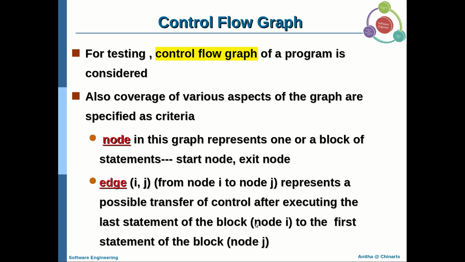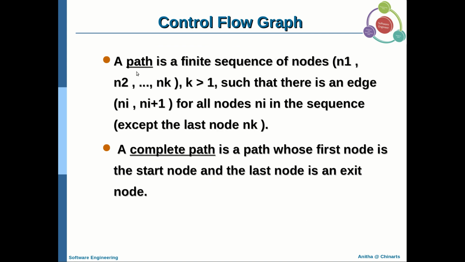So if you have an edge from node I to node J, after the last statement of node I, the execution flow goes to the first statement of the block which is available in node J. You can define a path as a finite sequence of nodes n1, n2 up to nk, where k is greater than 1, such that there is an edge from ni to ni plus 1 for all the nodes ni in the sequence except the last node nk.